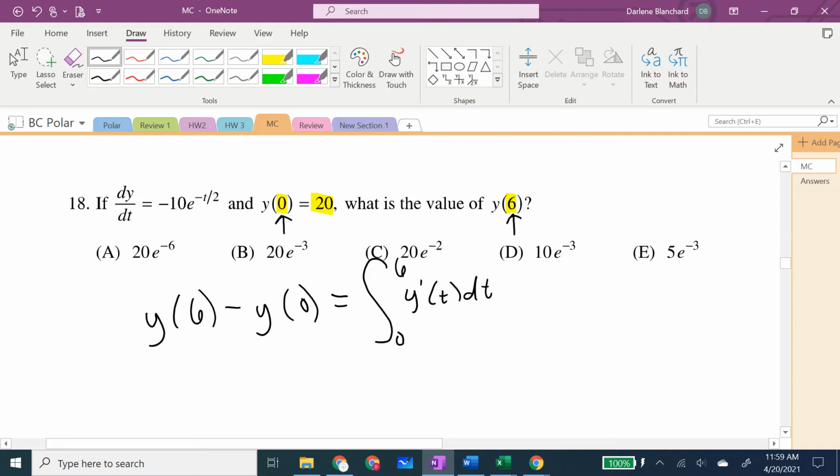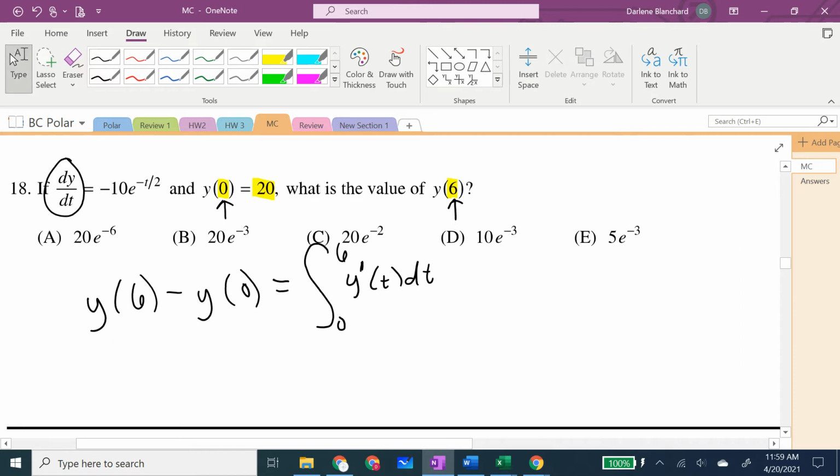Take a good look at that. Fundamental theorem of calculus. Now I wrote y prime, that's dy dt. So what it's really saying is you need to integrate this.